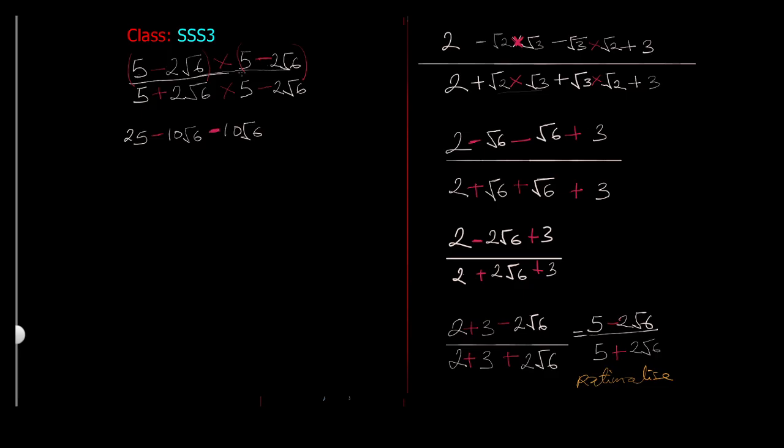And then minus root 6 times minus 2, minus 2 times minus will be plus, and then 2 times 2 will be 4. Then square root of 6 times square root of 6 will be 6. So here will become 4 times 6. We are done with the numerator, so we now proceed to the denominator.